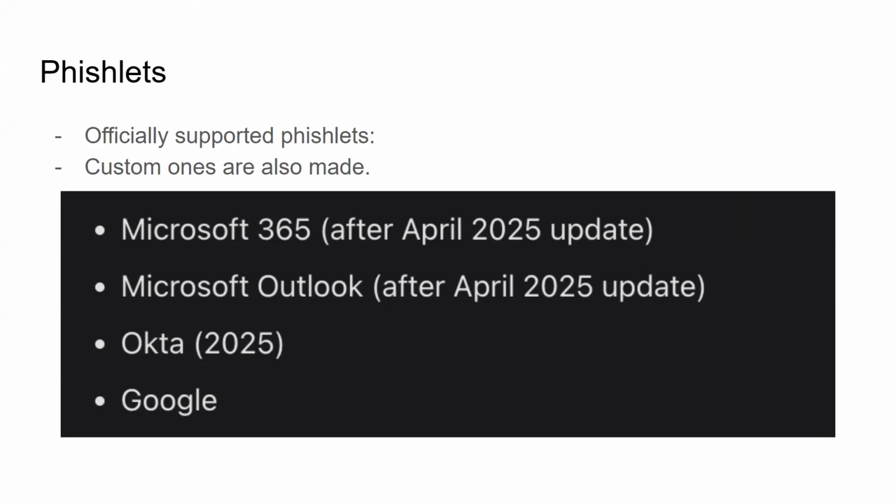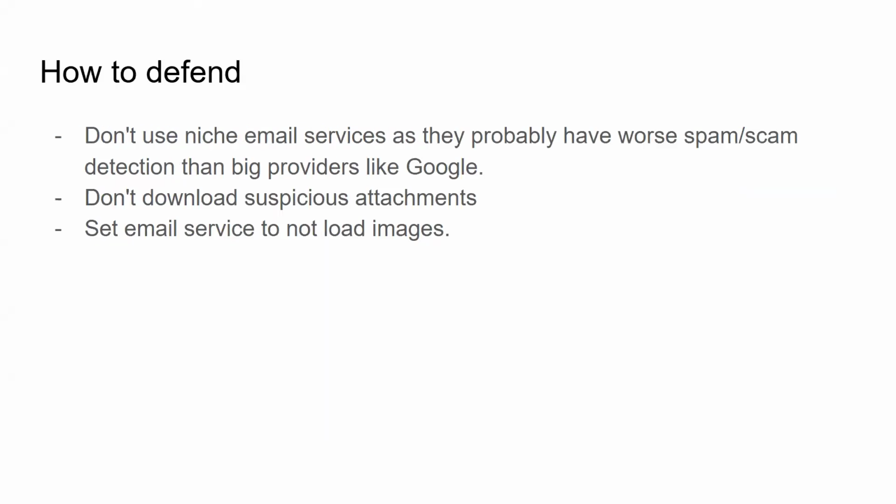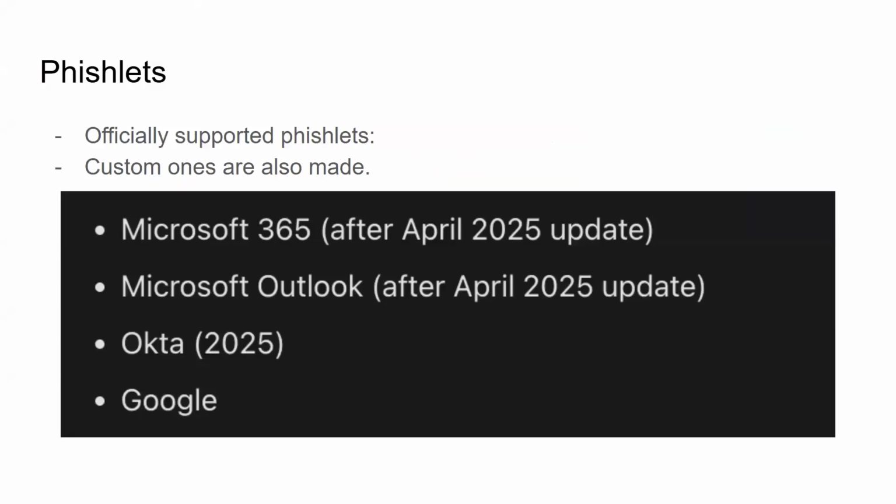But yeah. And then how to defend against it? Honestly, you don't wanna use Microsoft. I use Outlook, but honestly, Outlook is kind of the most insecure. As we see here, they have fishlets going for them, so Microsoft and Google are not the most secure against phishing attacks.